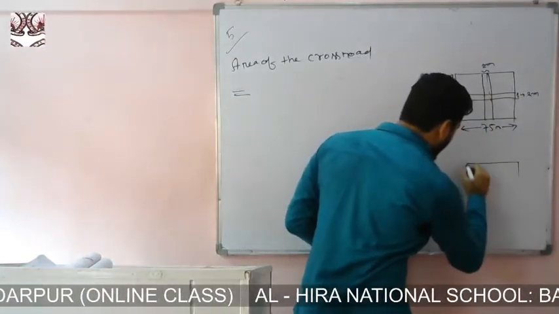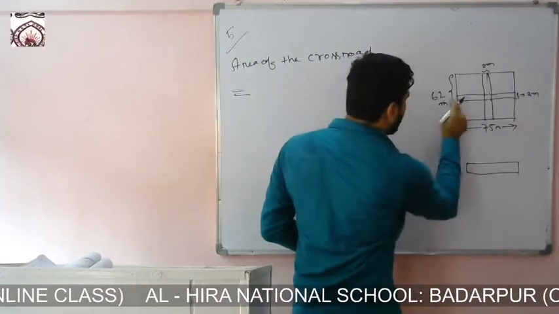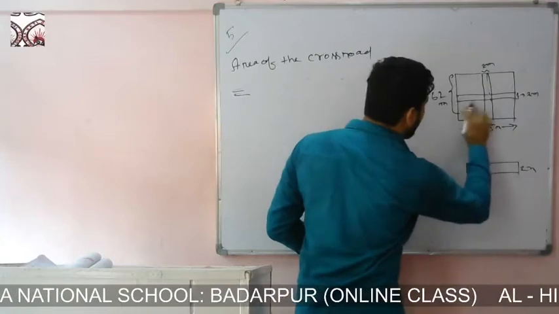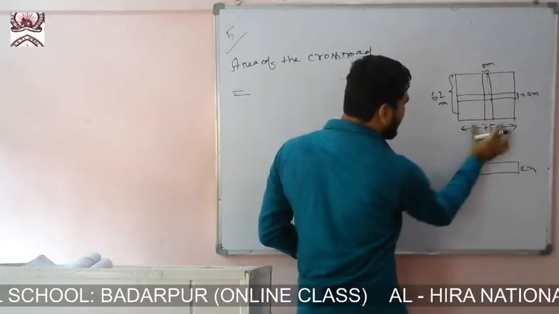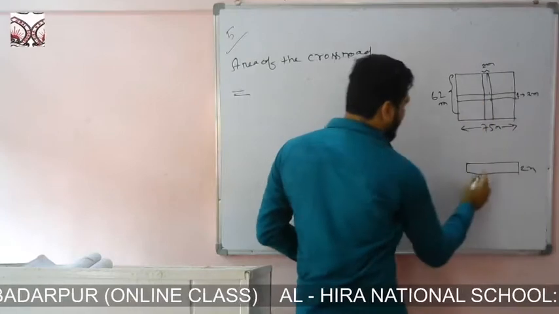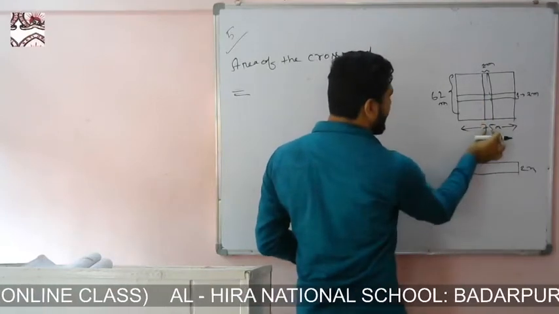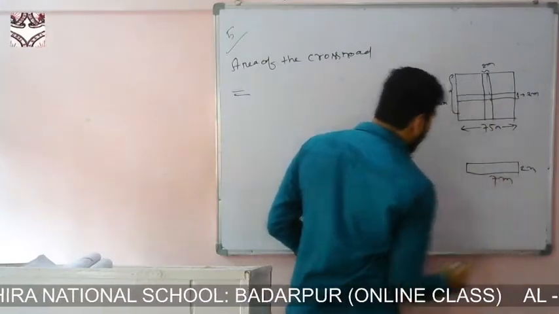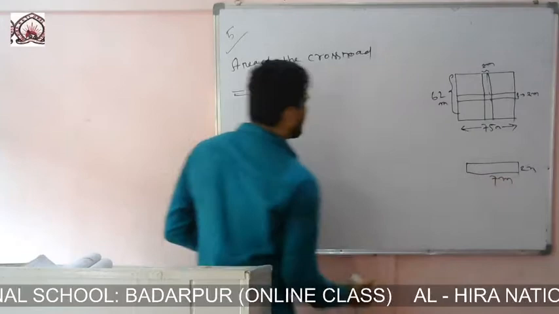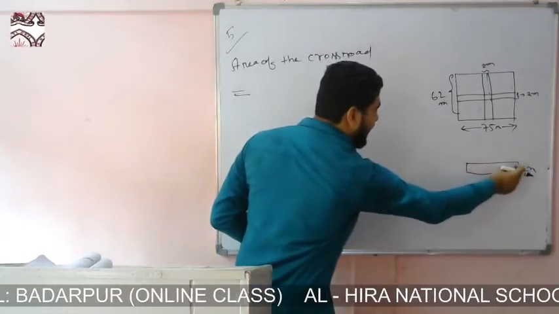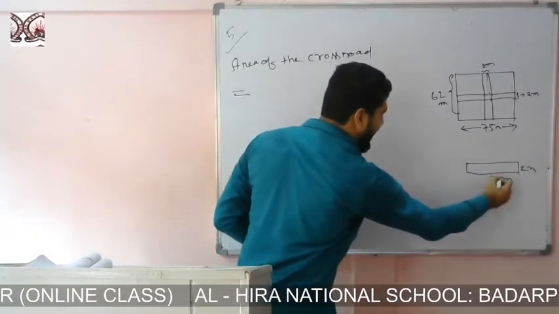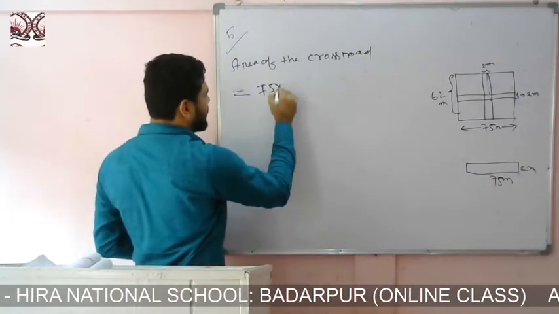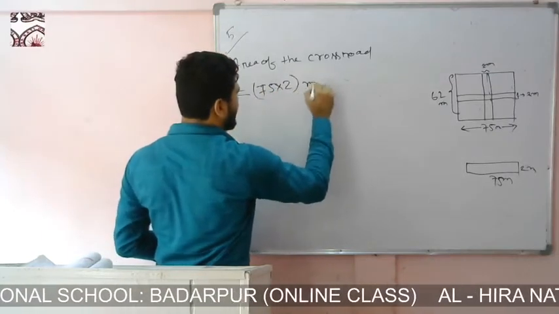If you take this road separately, then the measurement of this is what? 2 meter, and this length is equal to that length, because this one and this one are parallel. So 75 meter will be this length. So this is the first road. This is the dimension of the first road, 75 into 2. So write 75 into 2 meter square.